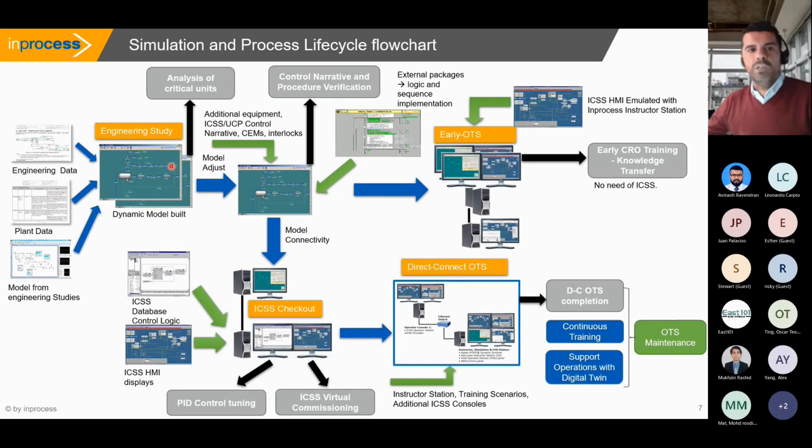So there is no need to have this first part with one partner and the OTS with another partner. What we are trying to build, and what we have been able to provide to many customers worldwide, is this complete vision about having a unique, reliable partner to provide all this cycle from engineering studies to OTS completion, to provide the training and continuous training later on, right?